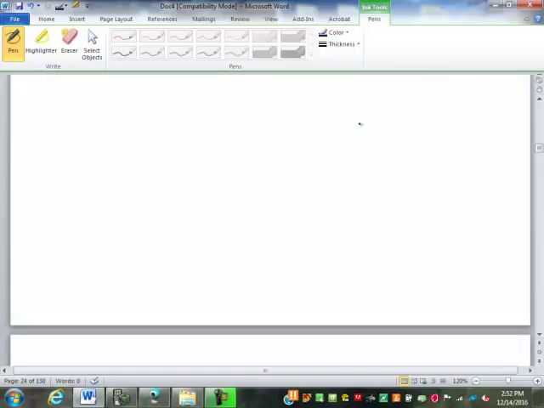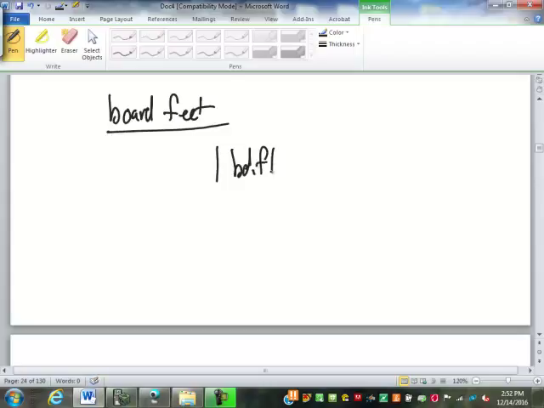Let's look at one of our conversions. We're going to look at board feet. And we'll look at this in more detail, hopefully next week, Wednesday. But 1 board foot is equal to 144 cubic inches of wood.